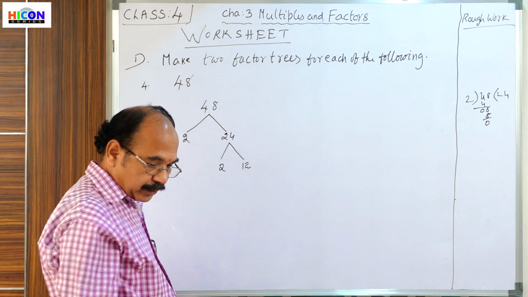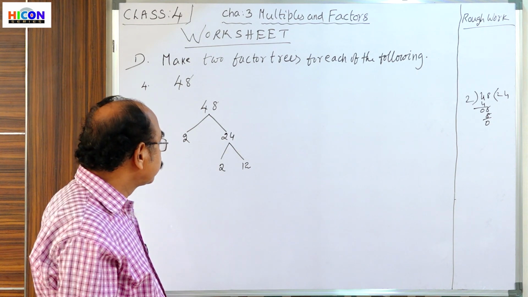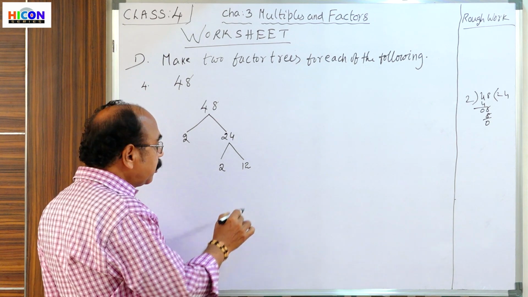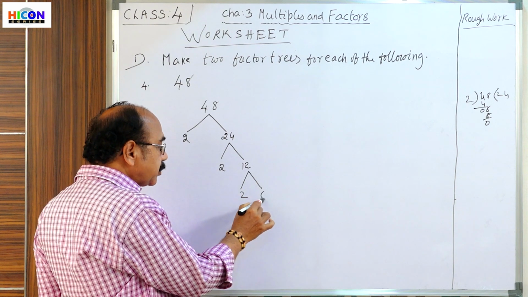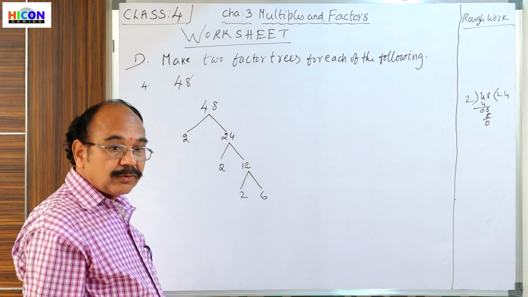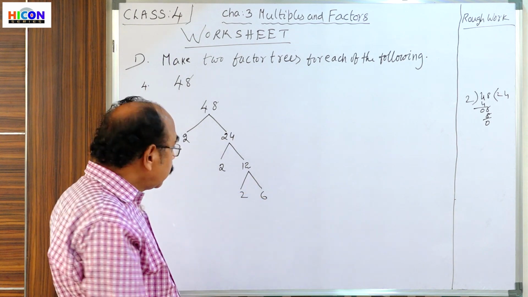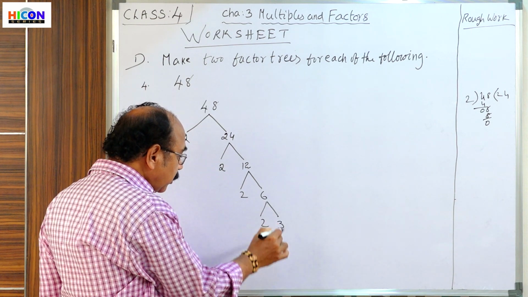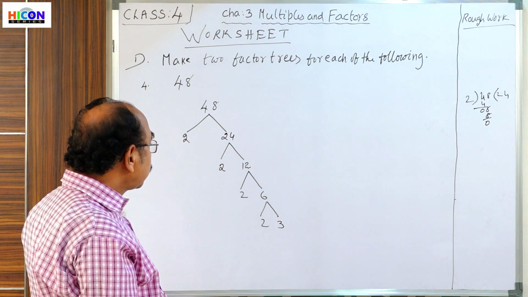Now 2 is the prime number and 12 is the composite number, that's why you break 12. 2 6s are 12. 2 is the prime and 6 is the composite. Now you break 6. 2 3s are 6.